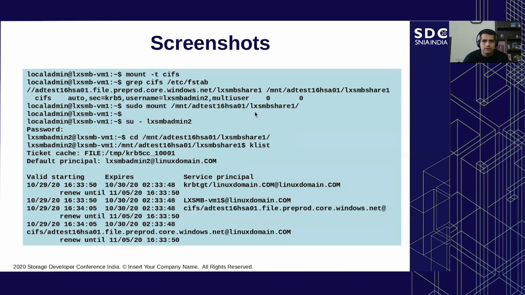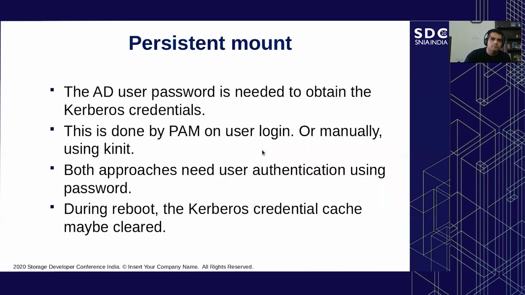Once it is successfully mounted, I can then switch to any of the Active Directory users on this client. Winbind is going to fetch the Kerberos credentials that are needed to access the file share. If this Active Directory user is allowed access to this file share, then I should be able to cd to this mount point and perform file IO.